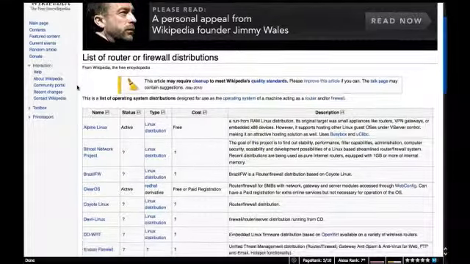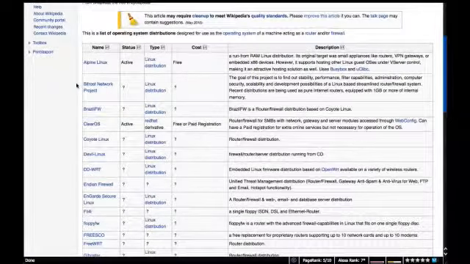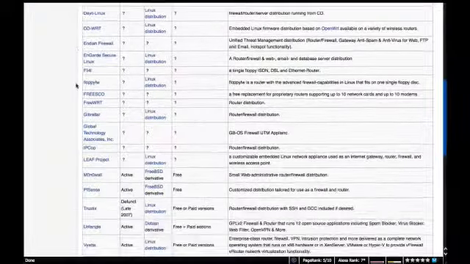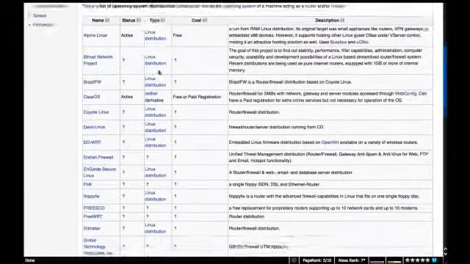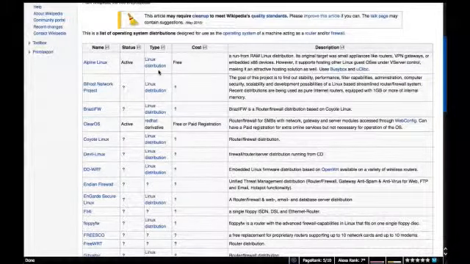But this is a decent list of open source operating systems that you can go look at. It gives you a little bit of a one-line project goal about what it is and how it works. I think it's good stuff. It's awesome. So if you want to pick any other choices aside from what Dor mentioned here, you can check out Wikipedia. The title is List of Router or Firewall Distributions.